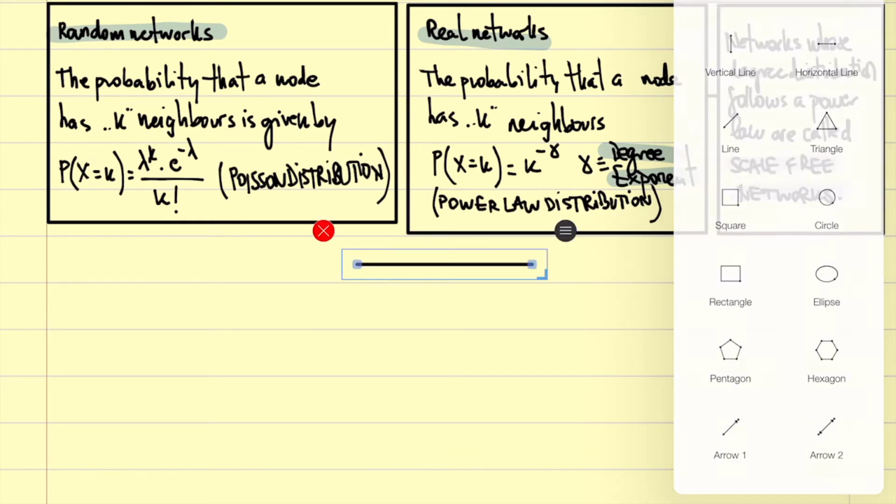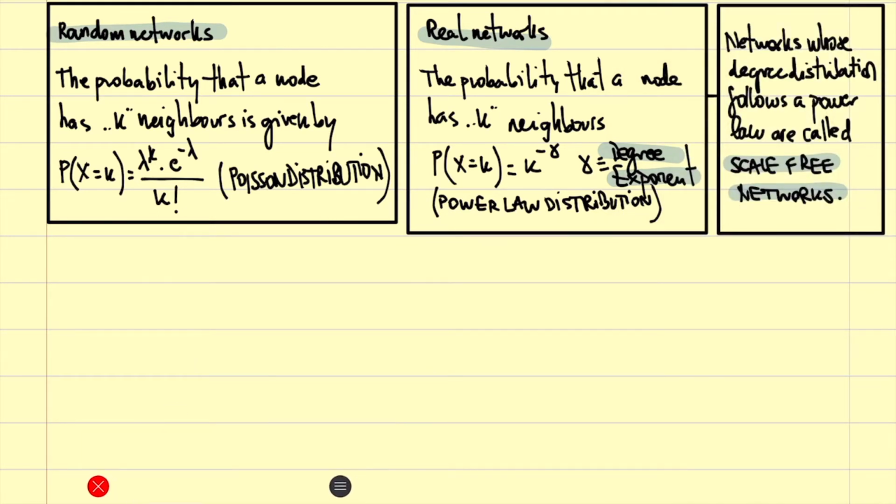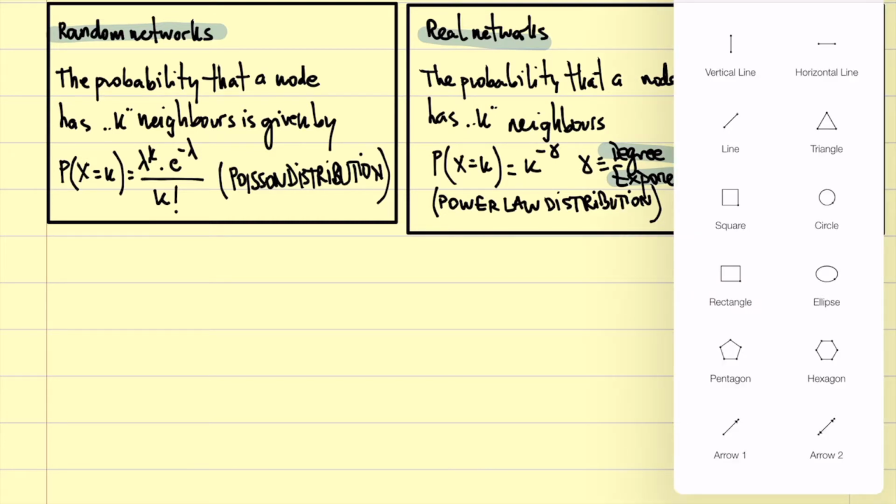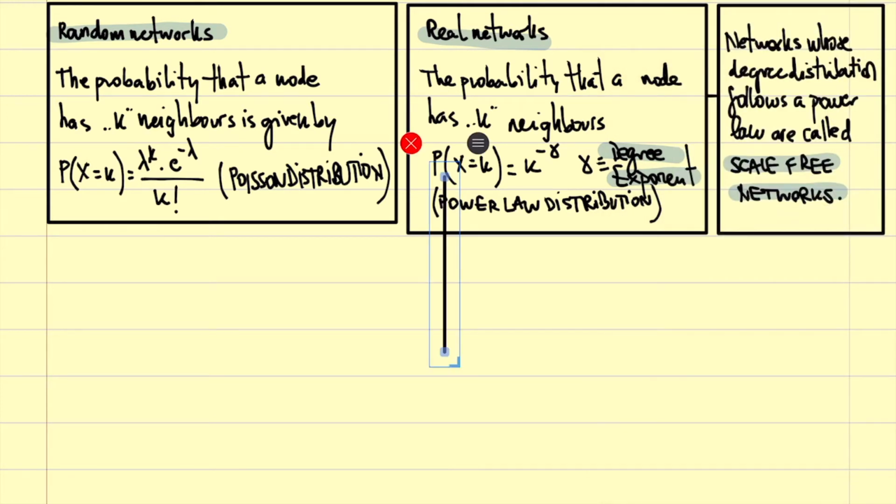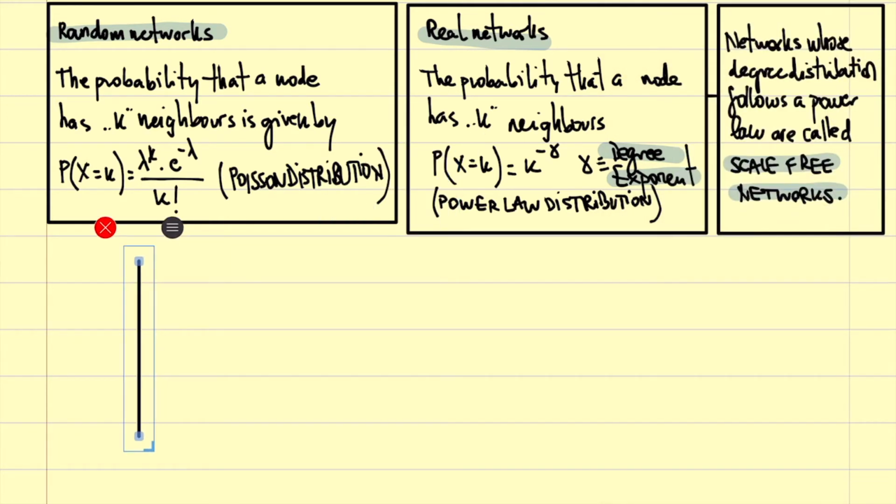Let's paint the two degree distributions in a graphic. Okay, this is the logarithm of the number of neighbors that a node has, and this is the logarithm of the probability that the nodes have k neighbors.